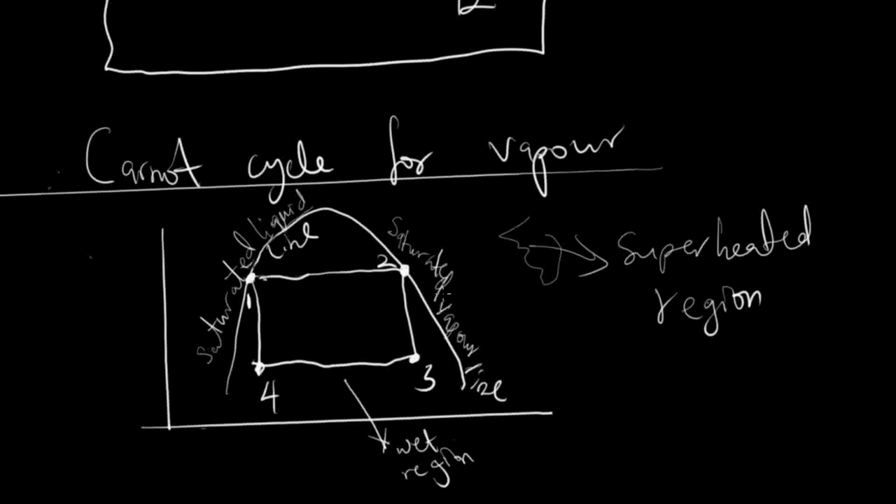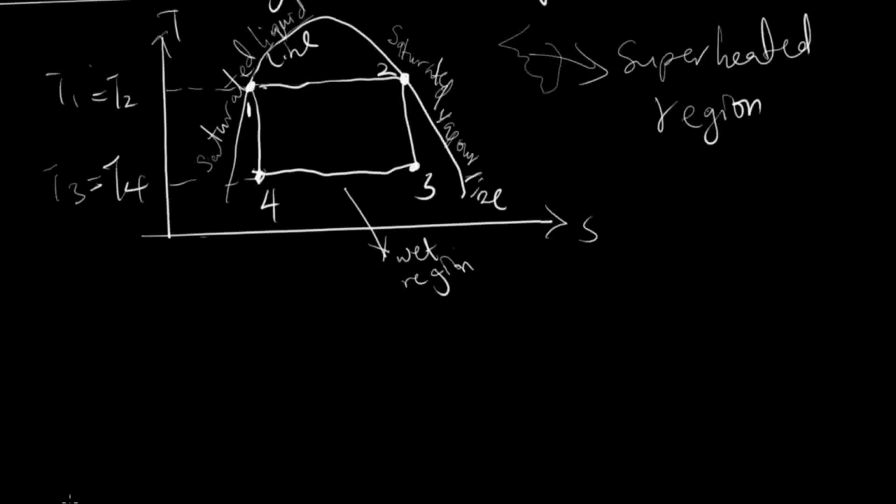This remains T1 equal to T2, and this also remains T3 equal to T4, so this is a TS diagram. Now what's the meaning of all this? Someone might ask, what are we doing?